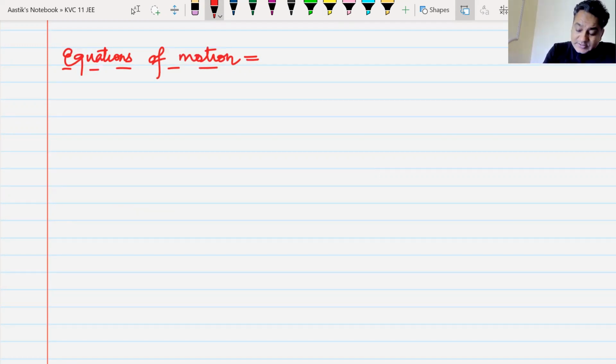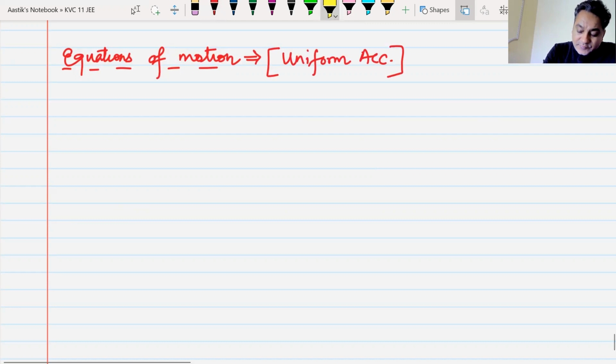Now, this equation of motion that we are going to write are basically meant only for one particular type of motion, and that particular type of motion is with uniform acceleration. Do we understand the meaning of uniform acceleration?